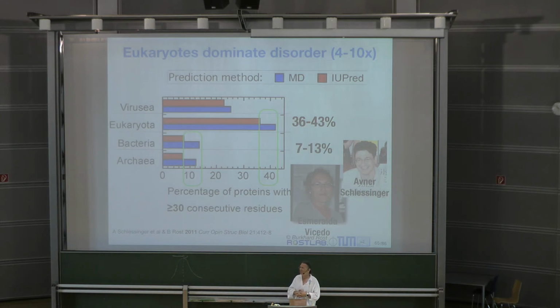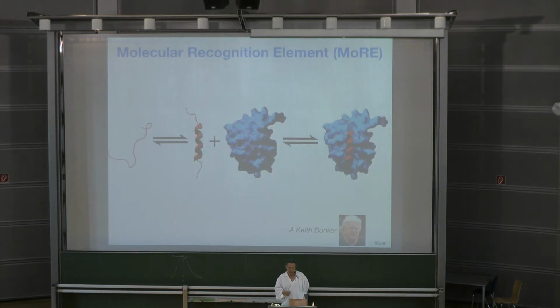Possibly that's one reason. If that were a reason, then the following idea comes as the molecular recognition element, again from Keith Dunker originally, where you have a particular element that can change its structure, and by adopting a certain region it binds, or it doesn't bind, it becomes a glue.